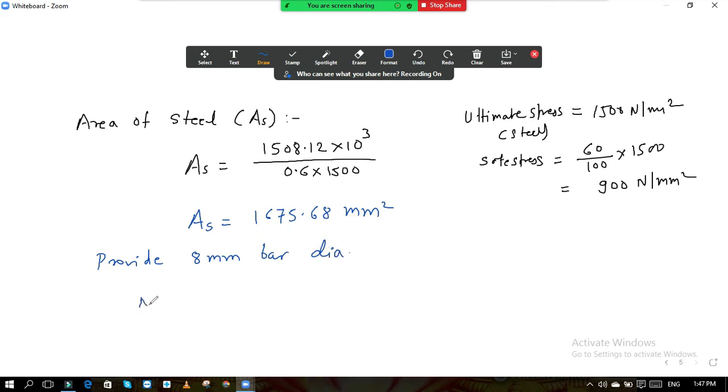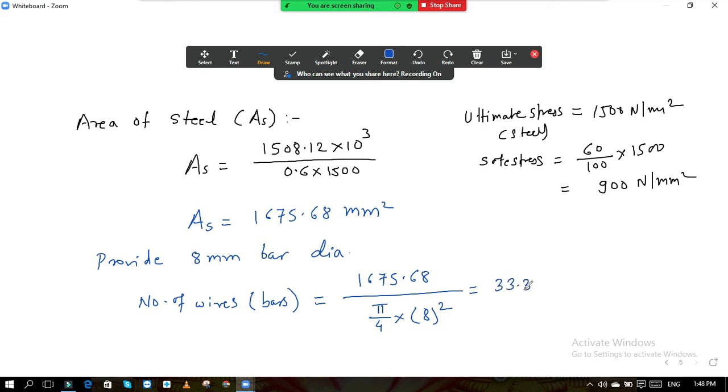So the number of wires, that is bars, is equal to 1675.68 divided by pi by 4 into 8 square. Calculated, 33.33. So we will round this up to 35 numbers.